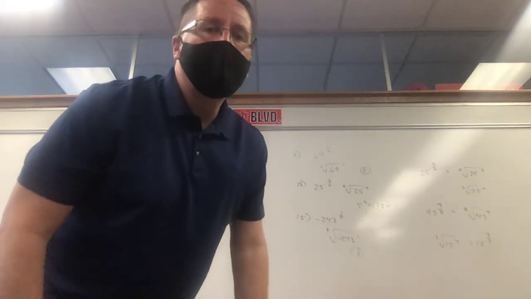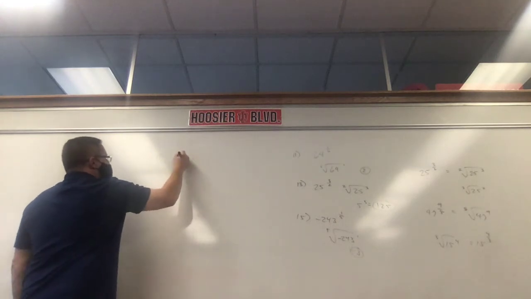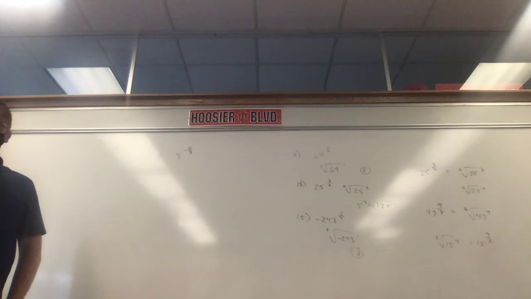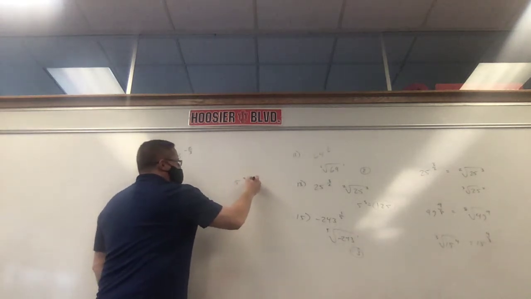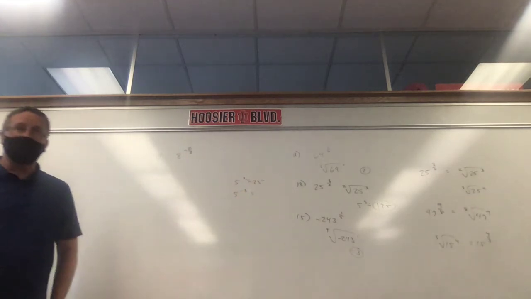Okay, 17. 8 to the negative 2/3 power. Okay, we have a negative exponent. If you remember negative exponents, just put this on hold for a second here. 5 to the second is 25. 5 to the negative second is not negative 25.